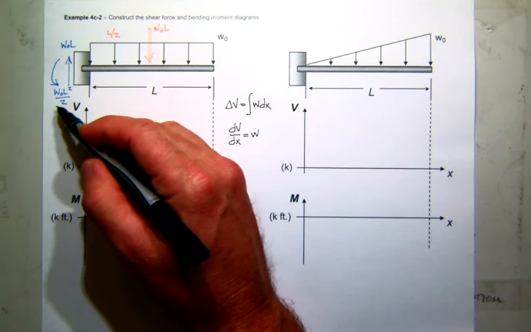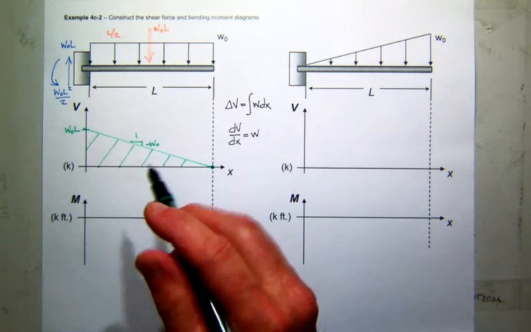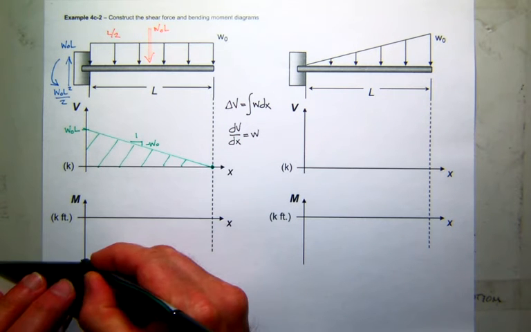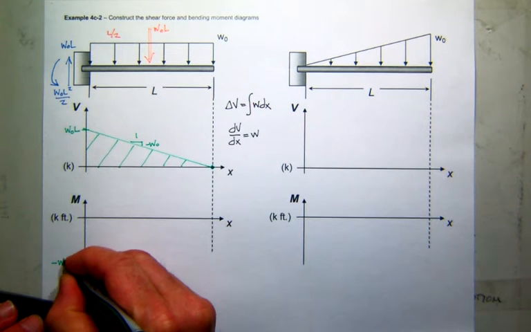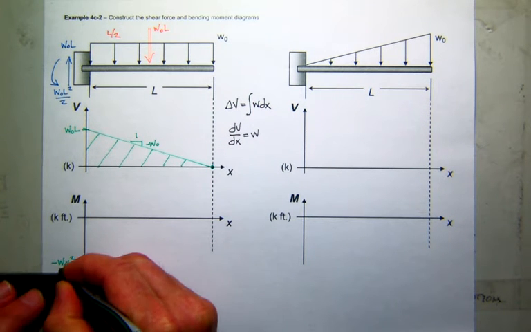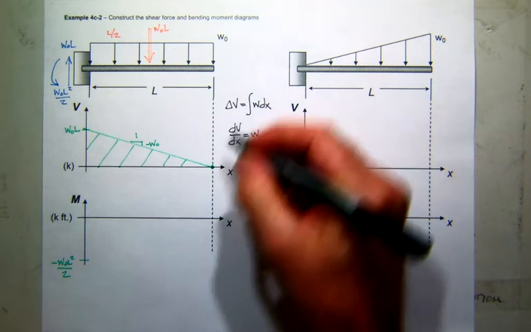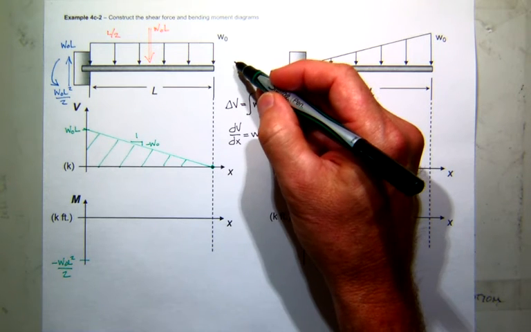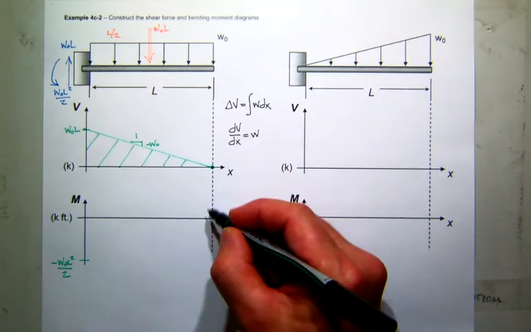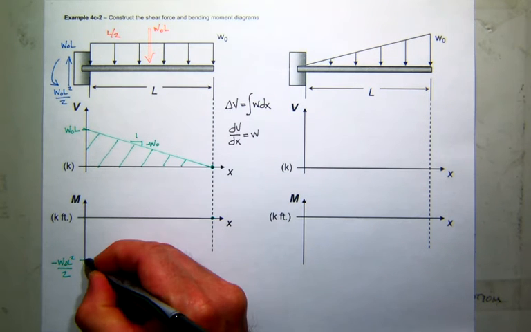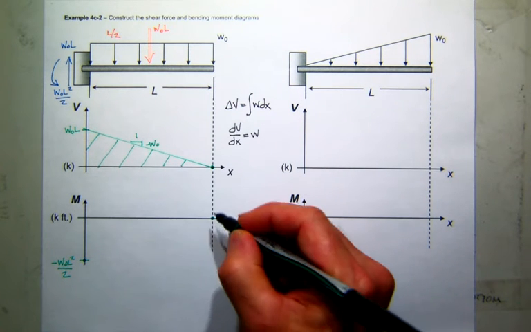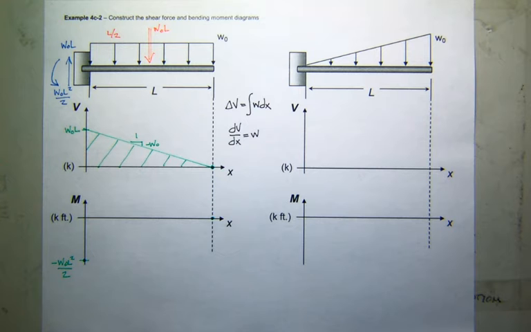We computed it. It's negative W naught L squared over 2. And what do we think the moment here at the free end is? 0. So, again, I know where I'm starting. I know where I'm going to end. So let's check that first.